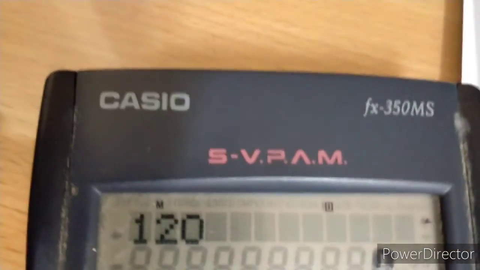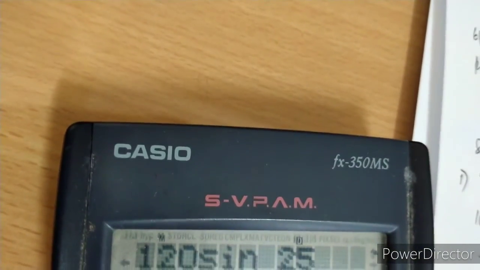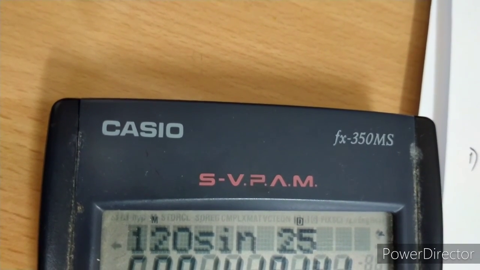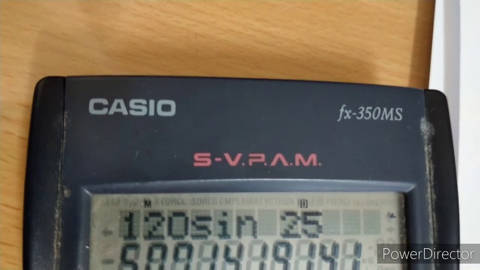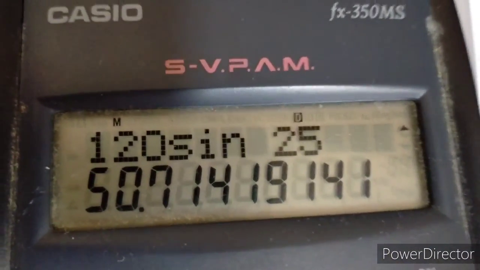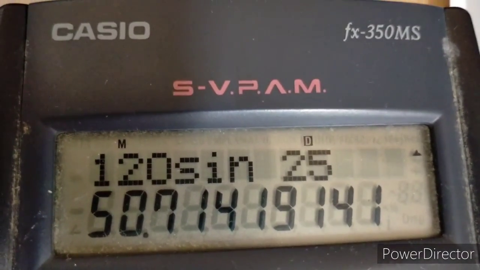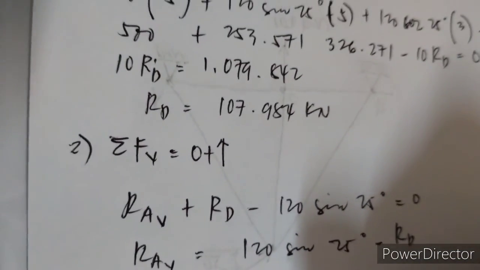So RAV is equal to 120 sine 25, this is 50.71, minus RD, which is 107.984.